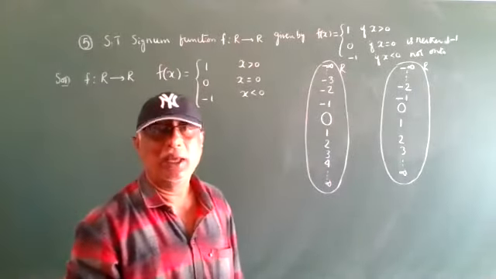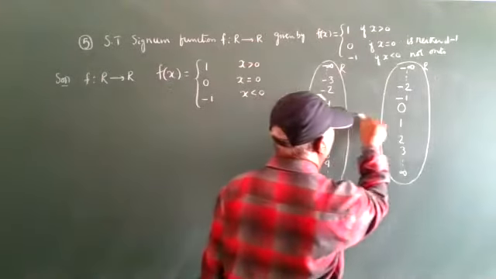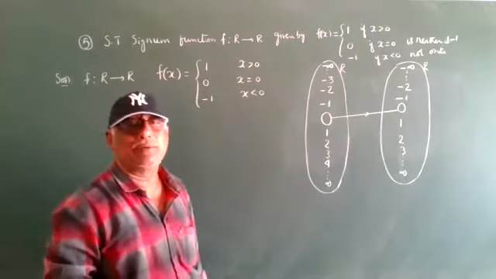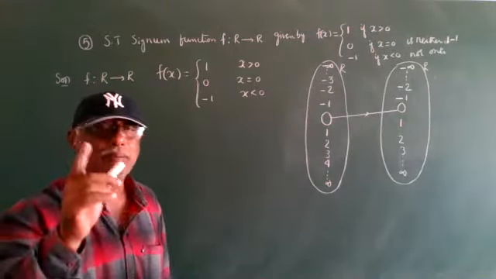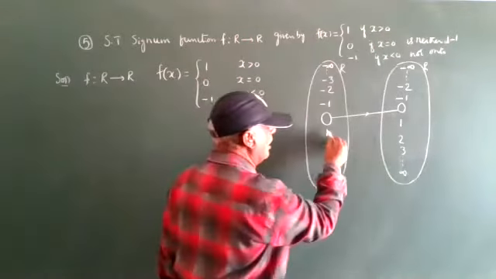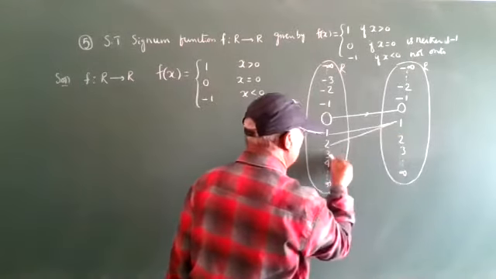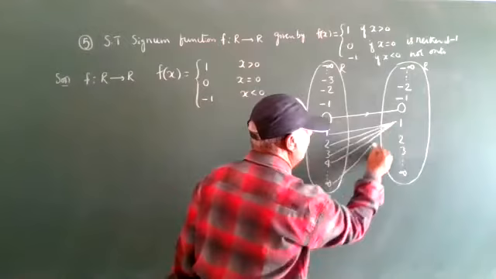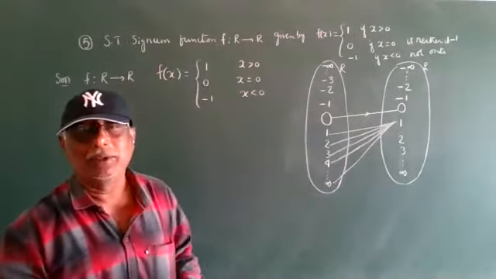What it is telling: x is 0 and f of x is also 0. That one is completed. Then all the positive values, 1, 2, 3, 4, up to infinity, are all showing the one value.